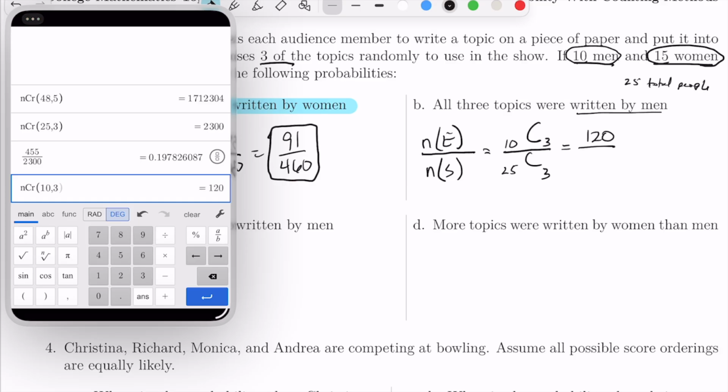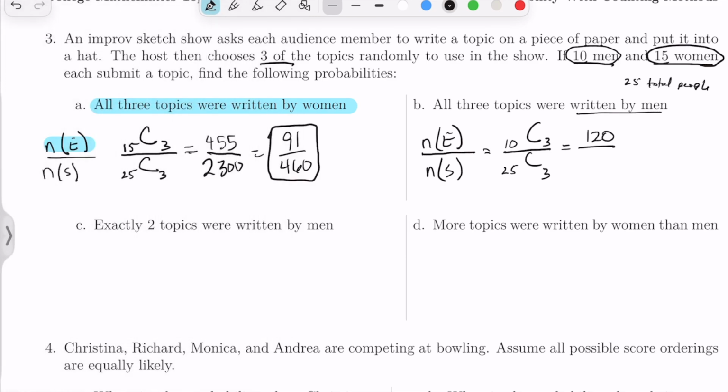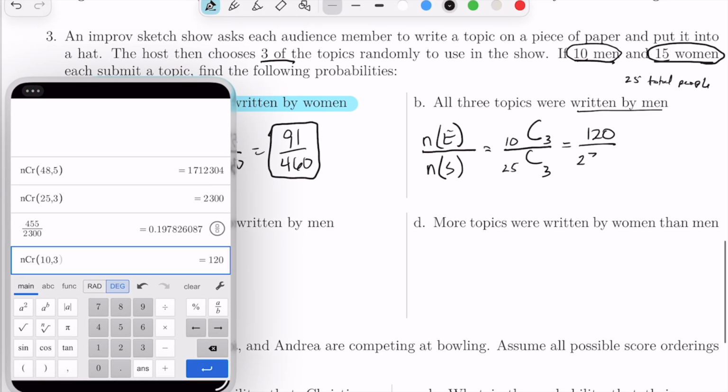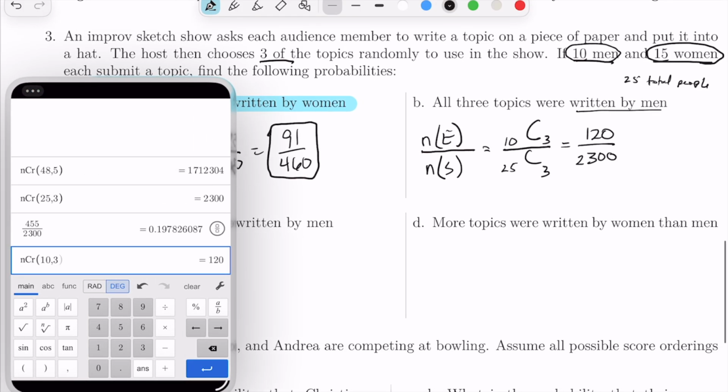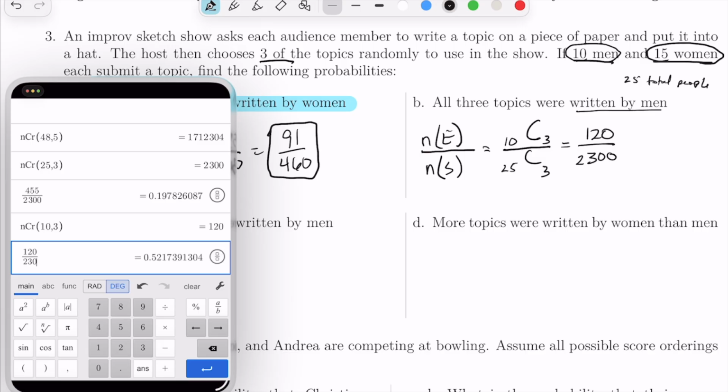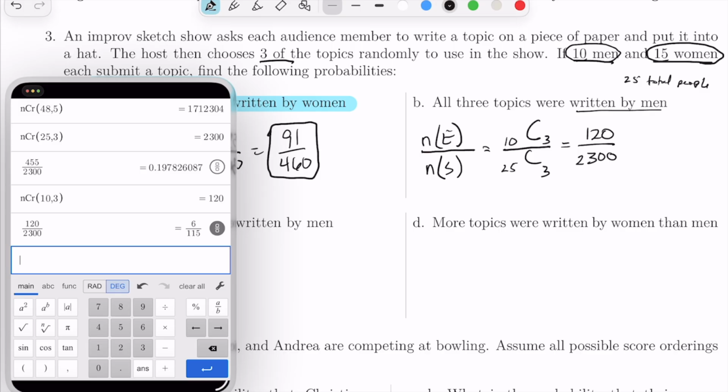And our denominator is still going to be 25C3, which we already figured out was 2300. So we'll just put that on bottom. We can have Desmos do a little bit of calculation for us in order to clean this up. 120 divided by 2300, and that gets us about a 5% chance. If we tap that little button next to the decimal, this gets us a nice fraction, 6 out of 115.